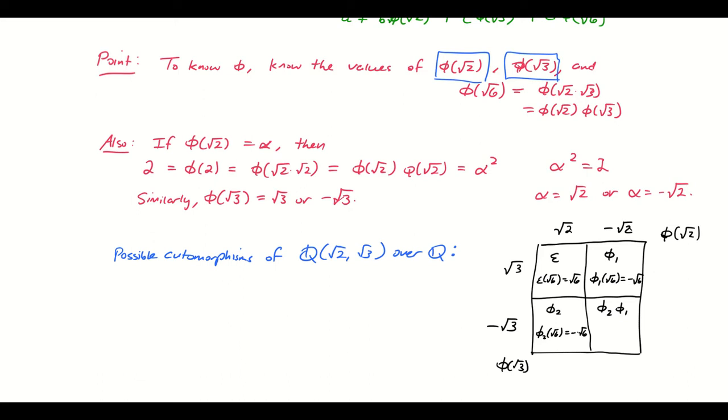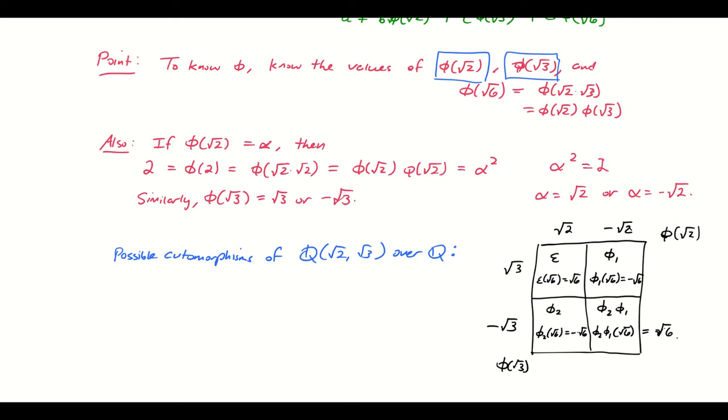And I'm reading right to left here, so that says do phi 1 first, and then do phi 2. You can actually verify that that automorphism sends root 2 to negative root 2 and root 3 to negative root 3, and therefore sends, now this is no way going to fit in the box, it sends square root of 6 to negative root 2 times negative root 3, which is, you guessed it, positive square root of 6.